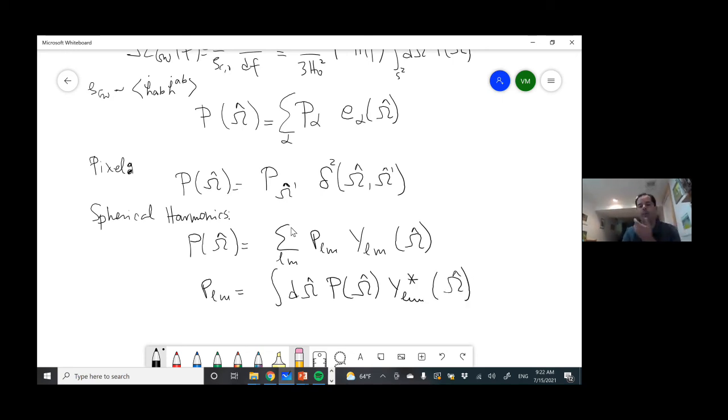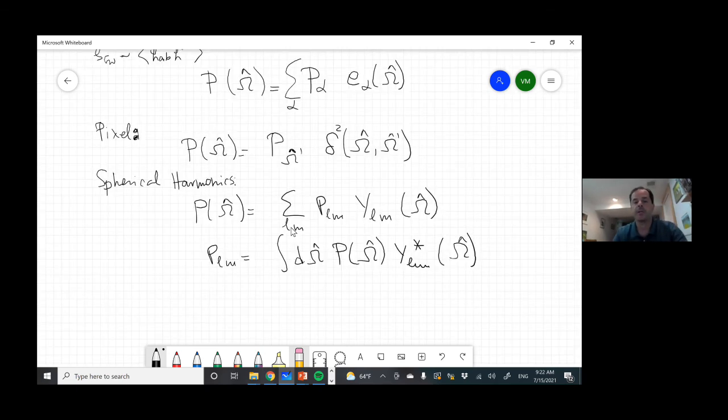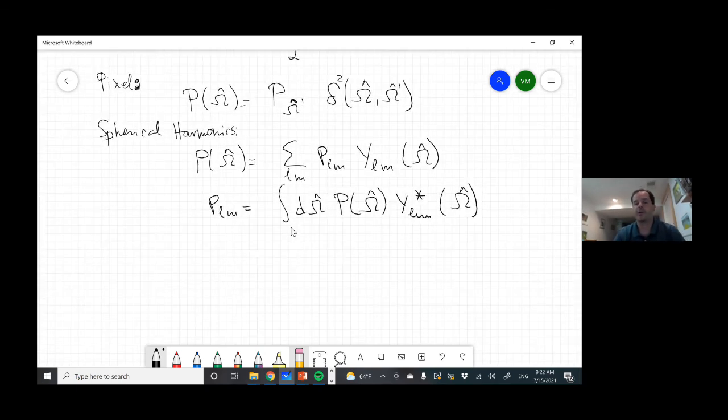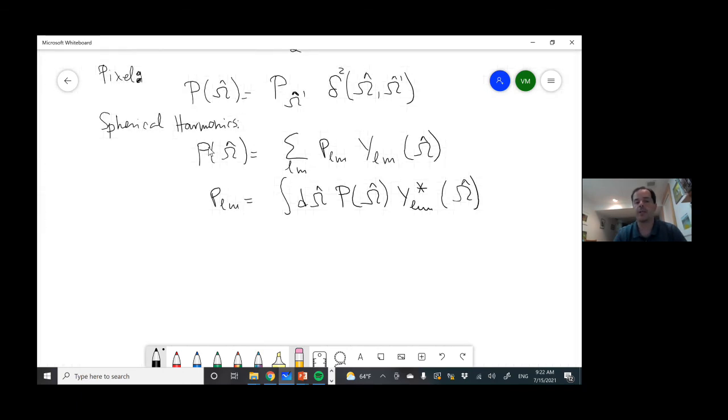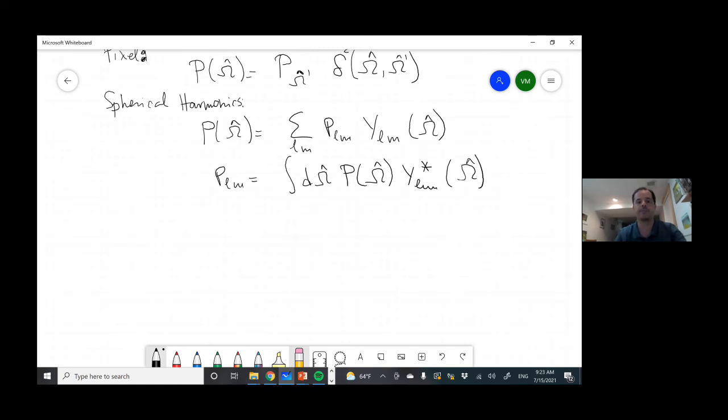This is effectively like the Fourier transform, except instead of the exponentials with the phase factors, we're using the spherical harmonics. So any function on the sphere, including the one that we're interested in, can be written as an expansion in spherical harmonics Y_lm.